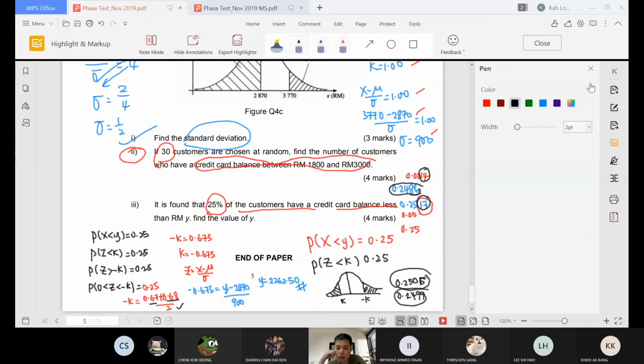If you don't have a camera, what is the consequence? Zero for the phase test, because I already told you right now. So don't say that I never announced it. Please make sure your camera is working on the days when you are having phase tests.